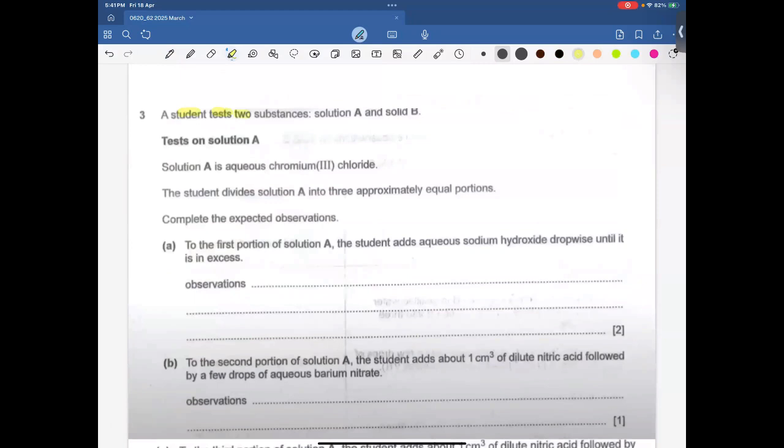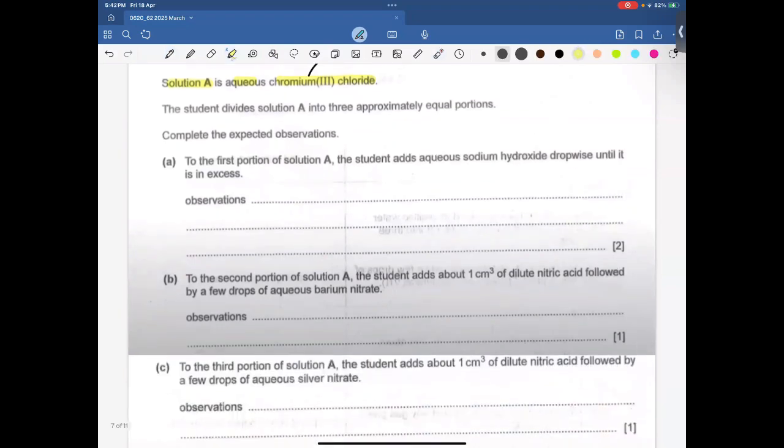A student tests two substances, solution A and solid B. Solution A is aqueous chromium(III) chloride. That indicates that this compound has Cr3+ ions and chloride ions, so we need to test these two ions. To the first portion of solution A, the student adds aqueous sodium hydroxide dropwise until it is in excess. In dropwise NaOH, green precipitates are formed.